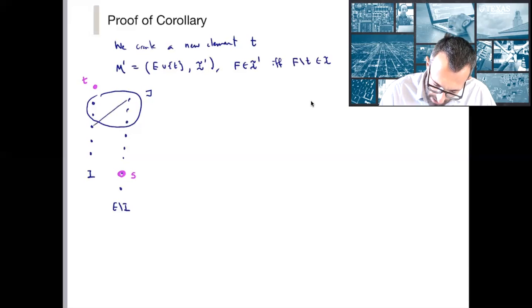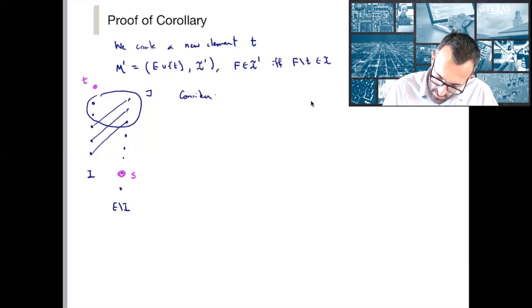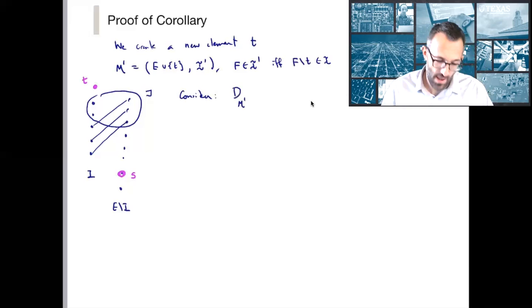And we know by assumption of the theorem that, again, there exists a unique matching, not just a perfect matching, but a unique matching between the elements, between the symmetric difference of I and J. Okay, so now let's consider the directed graph on the extended matroid M dash, on the independent set I union T. And again, we know by definition of I dash that I union T is an independent set in I dash.